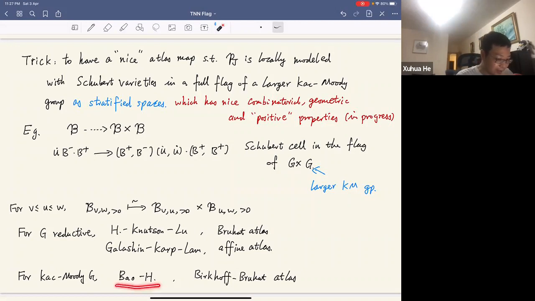This is based on another joint work with Huan Chen, which is already on the arXiv, which we call the Birkhoff-Buhua atlas. What this means is in some sense similar to the thing you see here. We do not use the Schubert cell or the opposite Schubert cell alone, but you take some part involving the positive and some part involving the negative. So this is the mixture of the Schubert with the opposite Schubert.